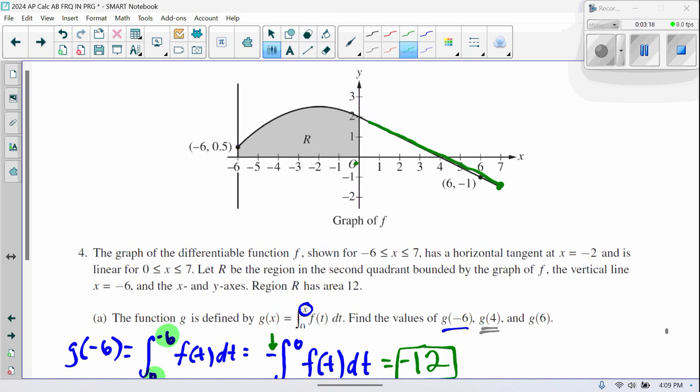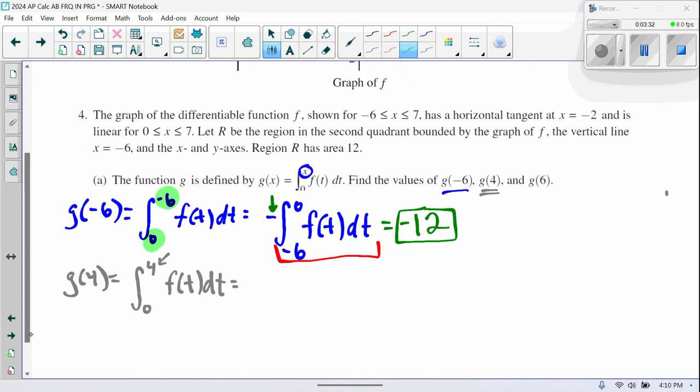So from 0 to 4, that's just a triangle, kids. It's a height of 2 and a base of 4. It's 1/2 base times height. That should be 4. All right, so we actually have our answer there. 2 of them are done.